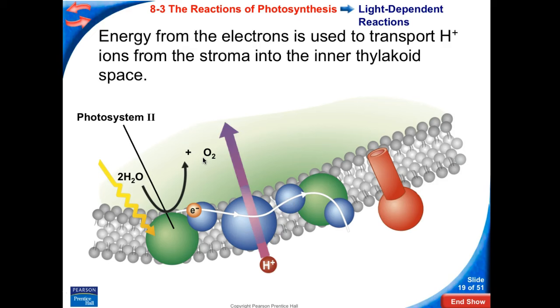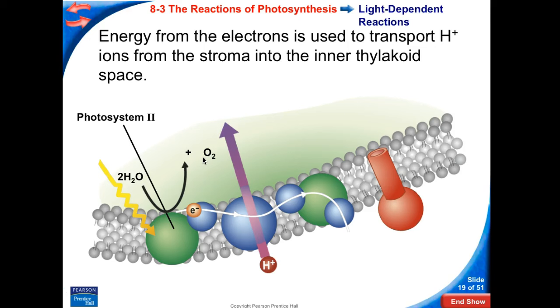Energy from the electrons is used to transport hydrogen ions from the stroma into the inner thylakoid space. You're going against the gradient.